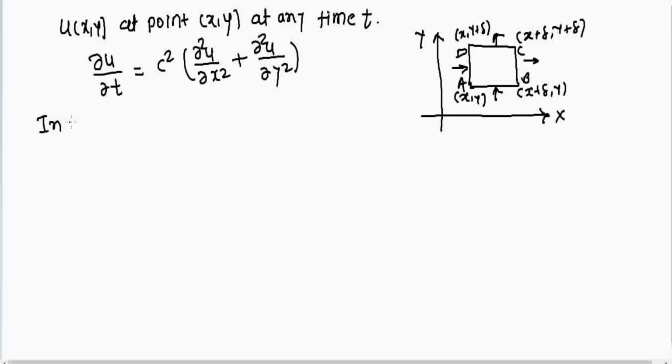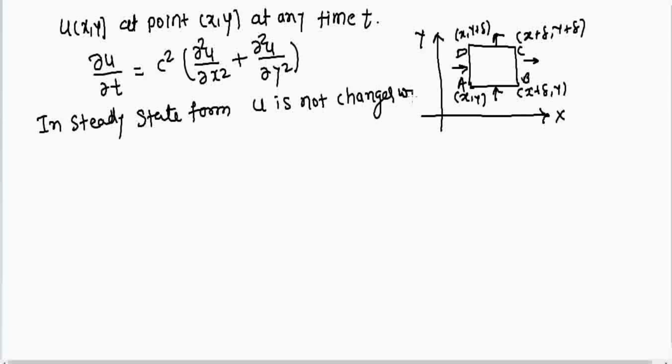Now, in a steady state form, u does not change with time. It means u is independent of t. If u is independent of t, then its derivative del u by del t is obviously equal to 0.